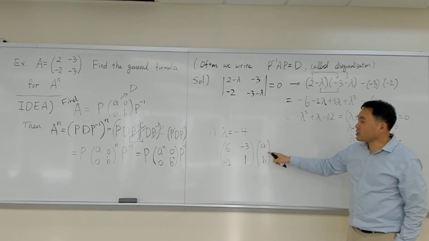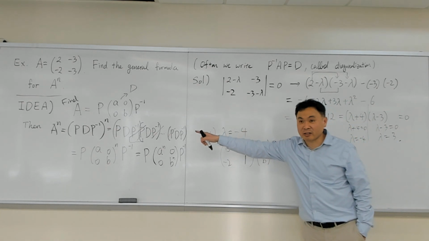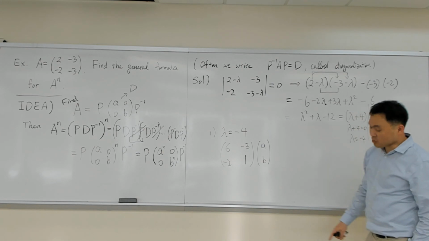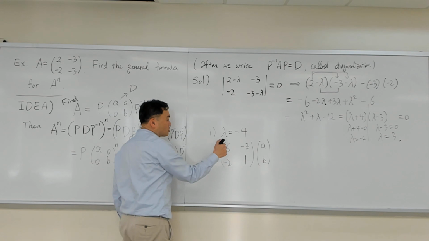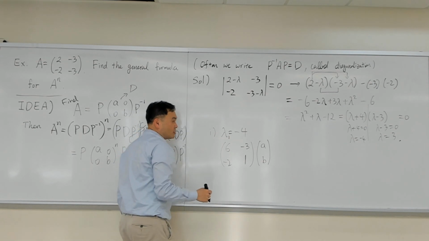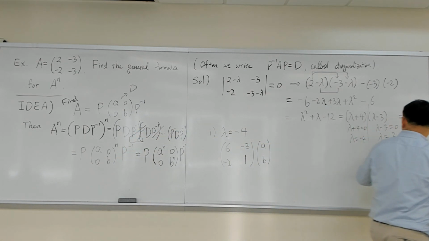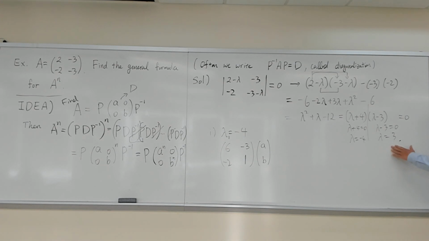By the way, these two A and B are not the same as that A and B, sorry. These two numbers A and B are really going to be lambda 1 and lambda 2. Okay? So this will be lambda 1. The second one will be called lambda 2.